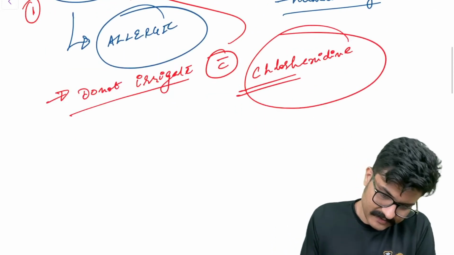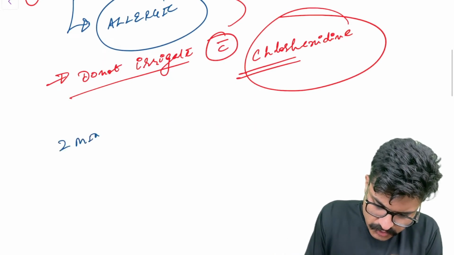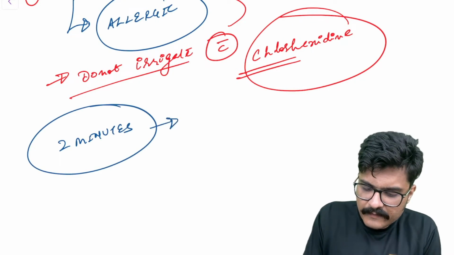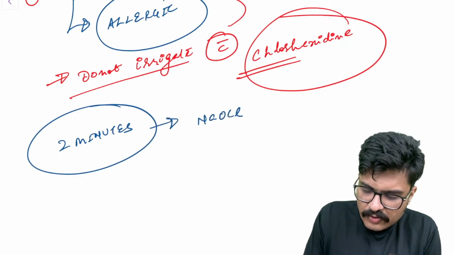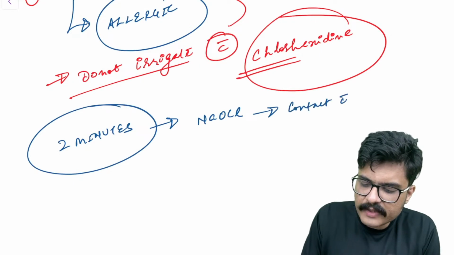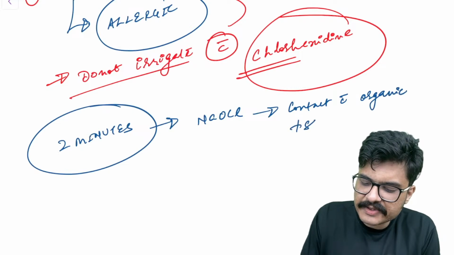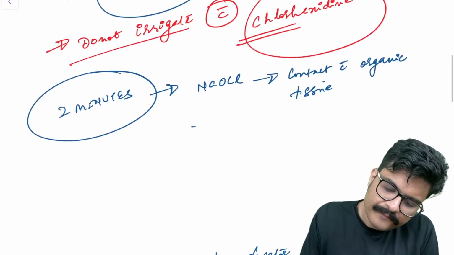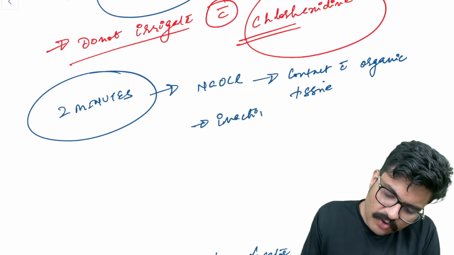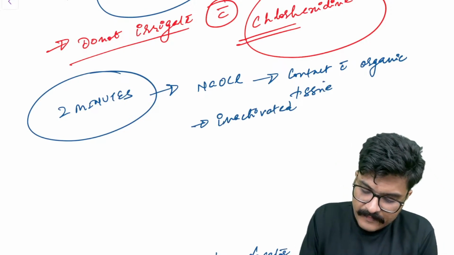Now that's an important MCQ. That is a figure that is given in your Cohen. So 2 minutes' time: the sodium hypochlorite which is in contact with organic tissue does its work and gets depleted, inactivated, no longer effective.